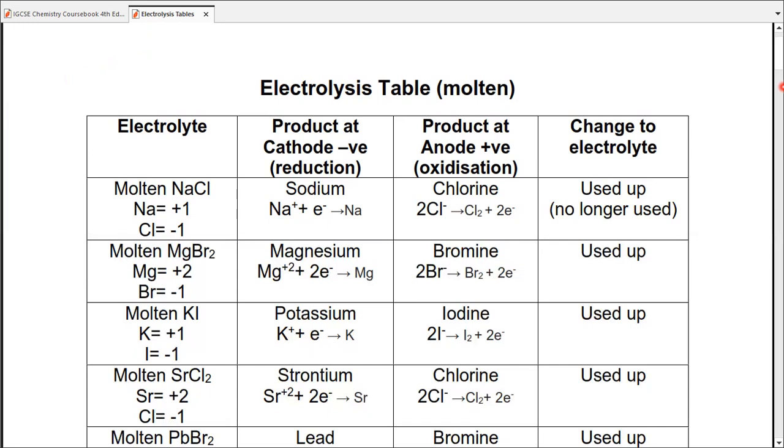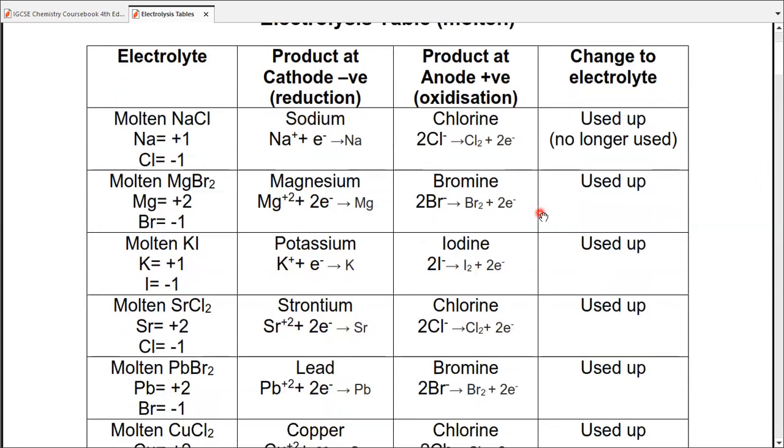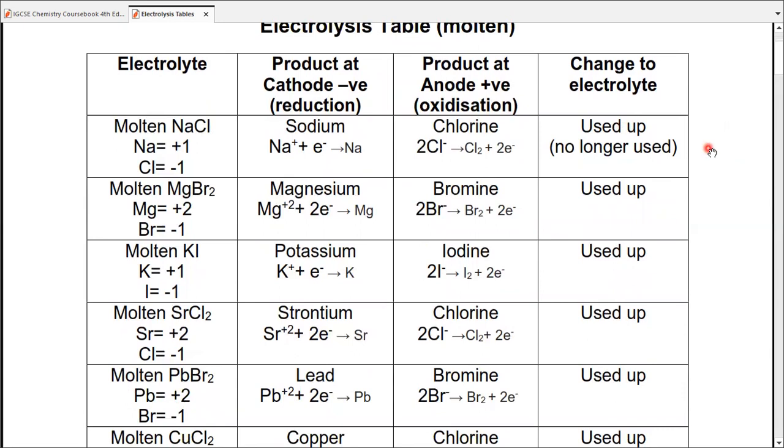All right. So moving on. Next, copper chloride.